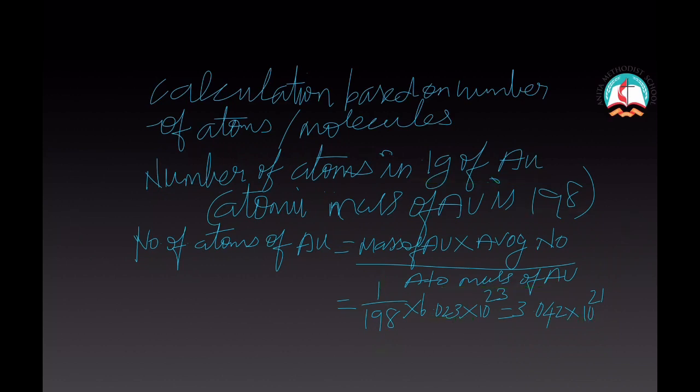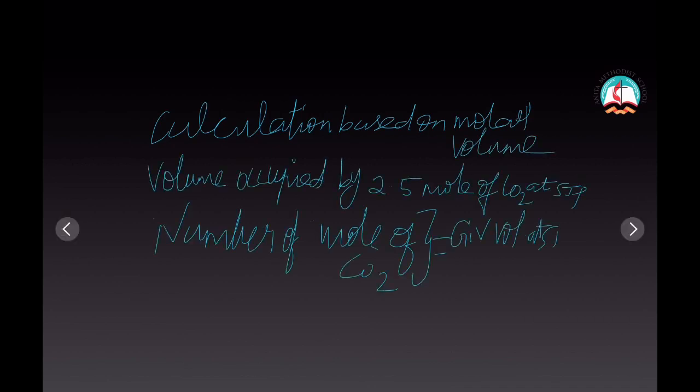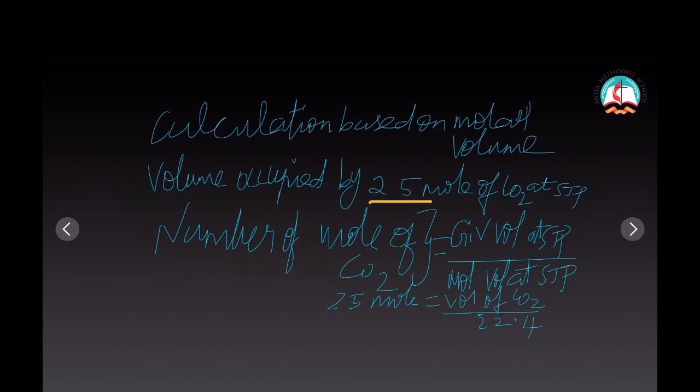Next, let's do one more problem. Calculation based on molar volume. Volume occupied by 2.5 mole of carbon dioxide at STP. Number of moles of carbon dioxide is equal to given volume divided by molar volume. Molar volume is a predefined value. All gases occupy 22.4 liter.